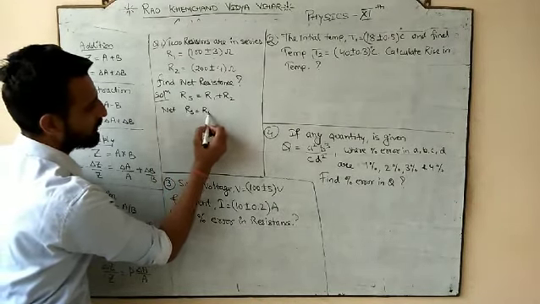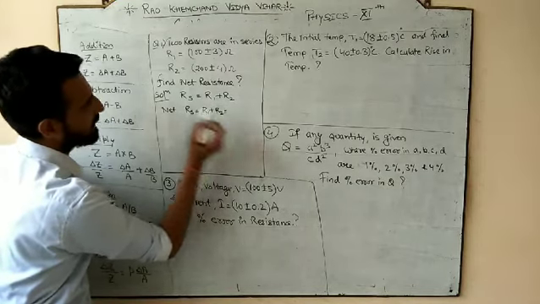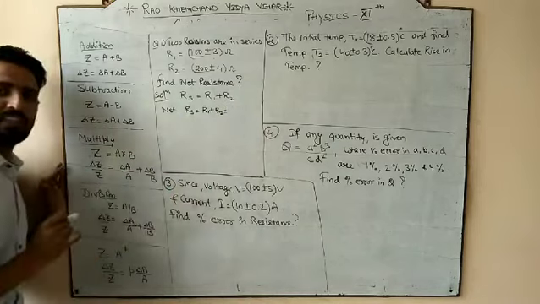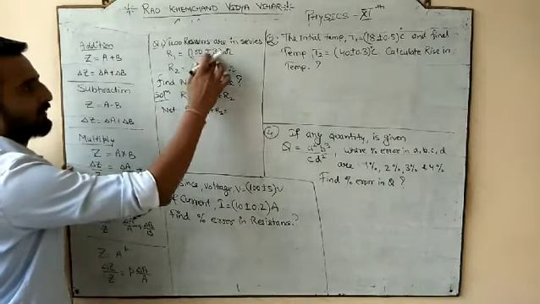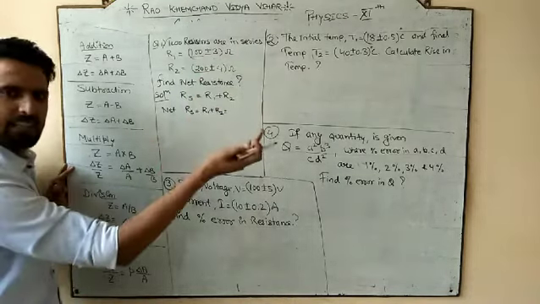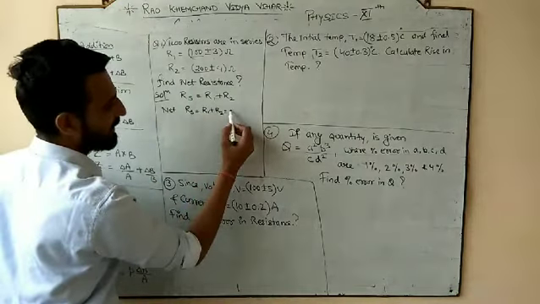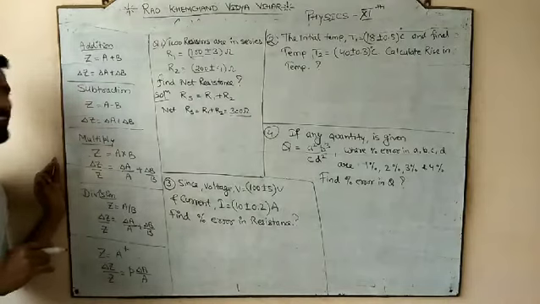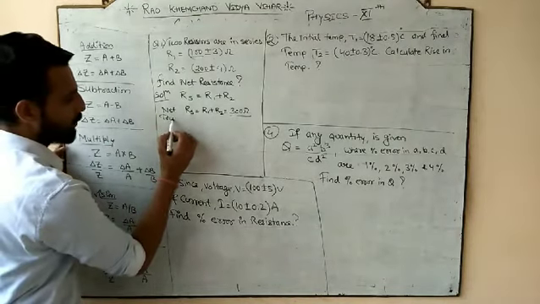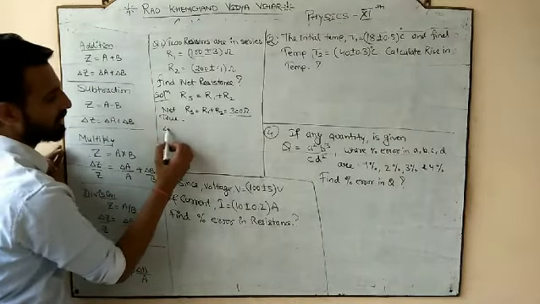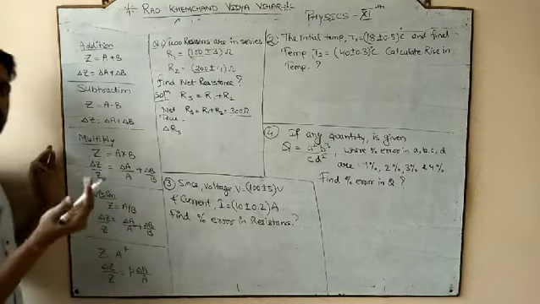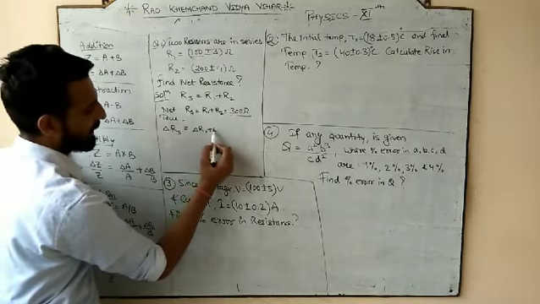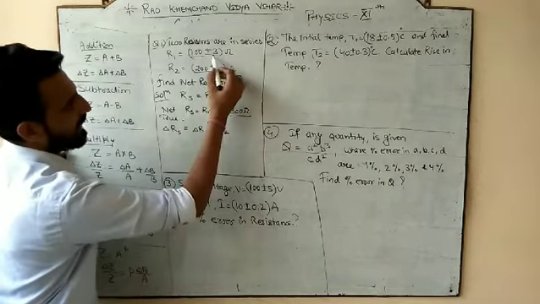So net true value is true value of first and second. What is the true value of first? 100. What is the true value of second? 200, na? A plus minus delta A, B plus minus delta B, similarly like that. So it would be 100 plus 200, 300. So this is your net true value. And what is the net error in the addition? Delta Rs, let's suppose the symbol. It would be delta R1 plus delta R2. What is delta R1? 3.